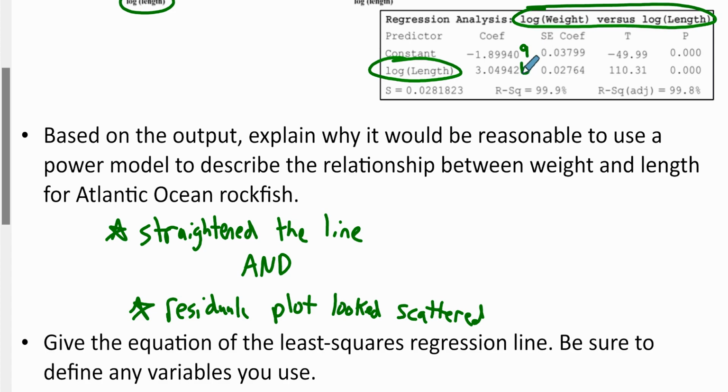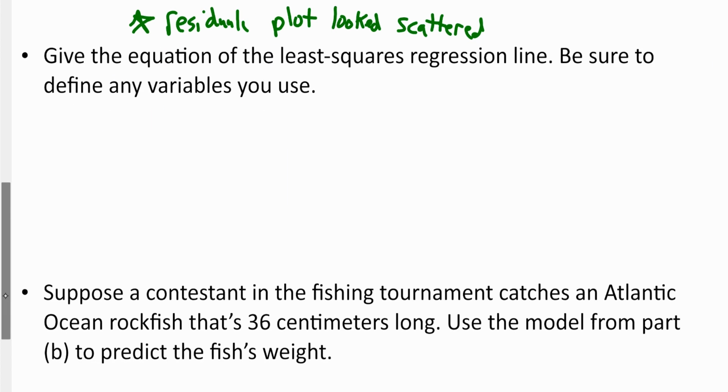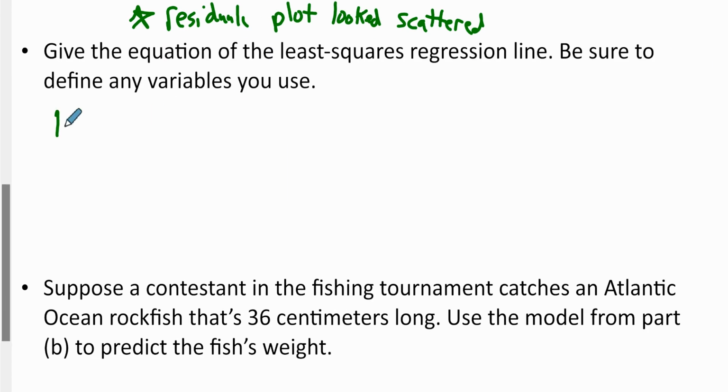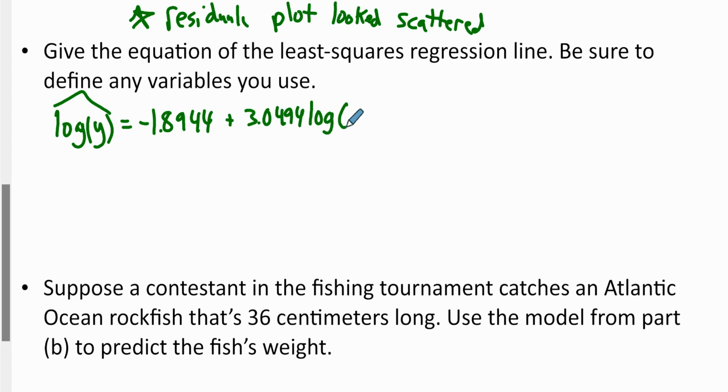So how I would write that then is the log of y hat, which was my weight, that's predicted, equals negative 1.8994 plus 3.0494 log of x. So we're using log of x and y instead of just regular x and y, and we have our new equation.